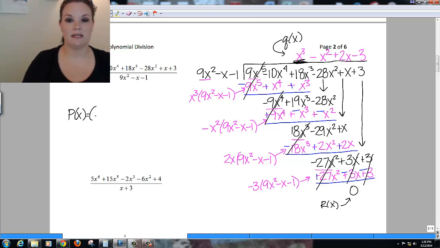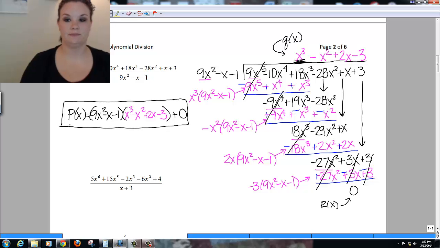It's the same as my divisor, which is 9x squared minus x minus 1, times the quotient that we found, which here is x cubed minus x squared plus 2x minus 3, plus my remainder, which here was 0. I'm going to go ahead and write it because y'all will have to enter it in my math lab. Okay, not too bad maybe.